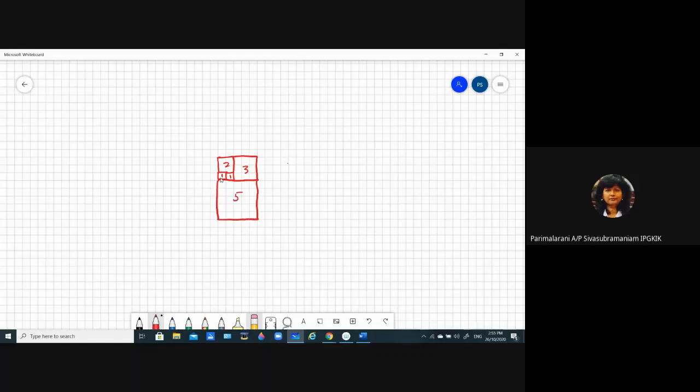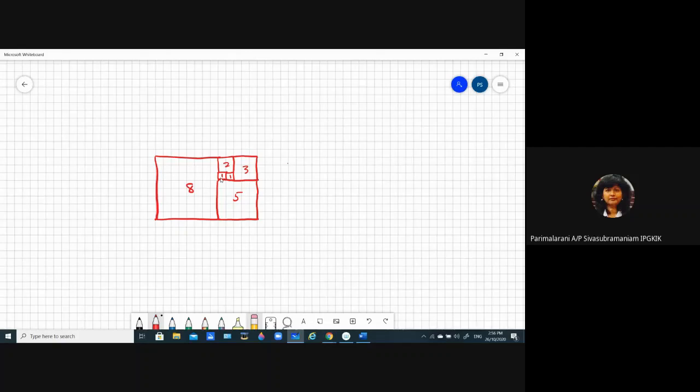So this is 5, 6, 7, 8. All the time we draw rectangles. 1, 2, 3, 4, 5, 6, 7, 8 until here. So this is 8. And then this 8, 9, 10, 11, 12, 13.